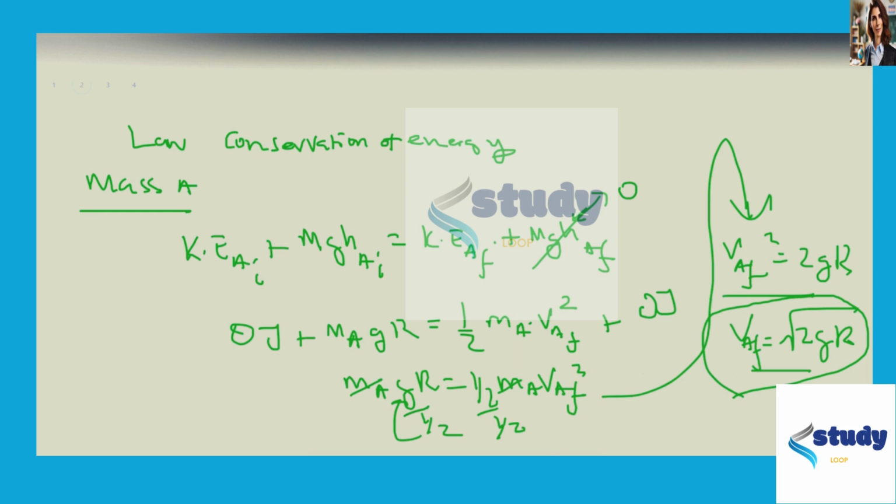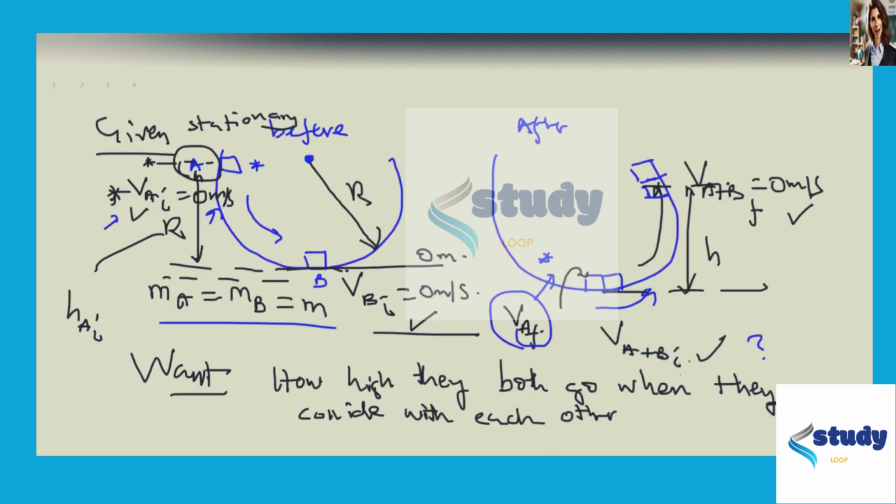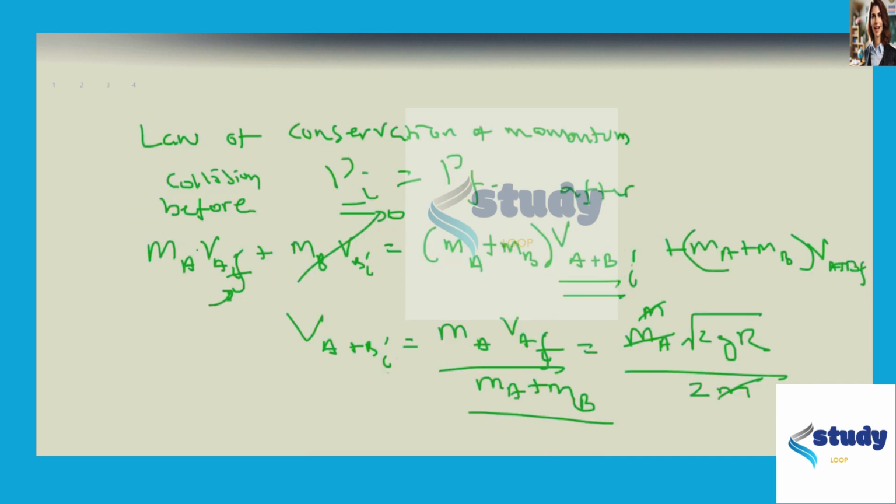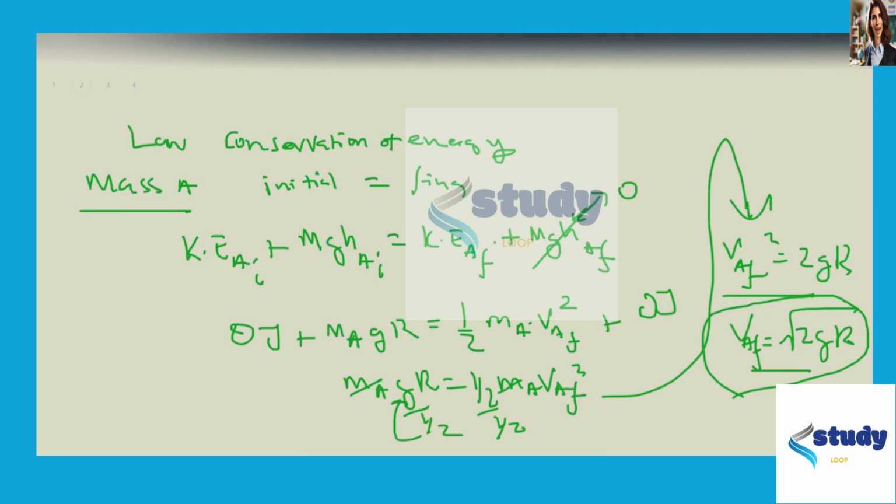And so we're using the law of conservation of energy. The initial energy of the system is equal to the final energy of the system. Initially, we have the kinetic energy of A is 0 because the initial velocity of A is 0.